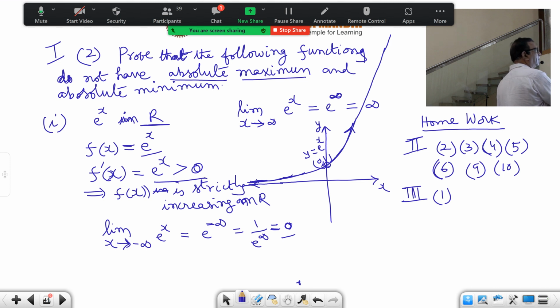For a differentiable and continuous function, if there are any local maxima or minima, there the derivative will definitely be 0. But the derivative is not 0, so there are no local maxima or minima. And absolute maxima, minima are also not there. The supremum is infinity, the infimum is 0. It is approaching 0, it will never attain 0.